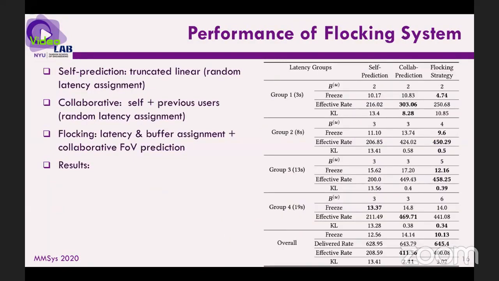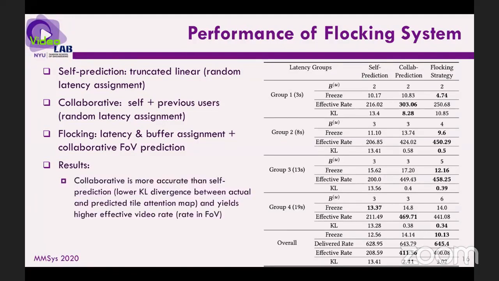We have evaluated the performance of the proposed flocking-based system. And here we compare different FOV prediction methods, namely self-prediction and collaborative prediction, as well as the gain from engineering the latency.